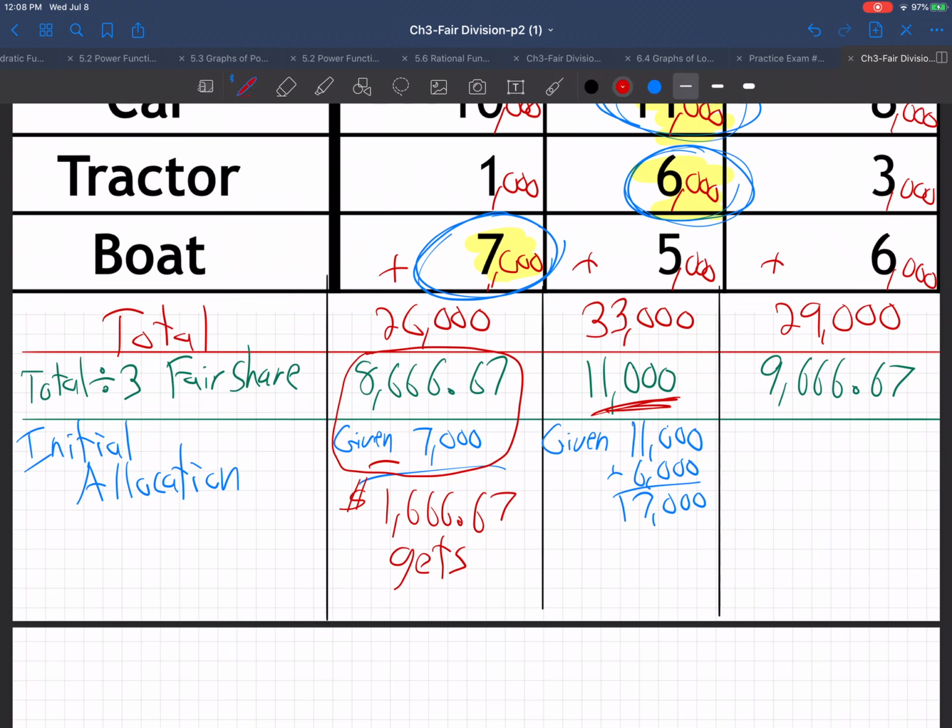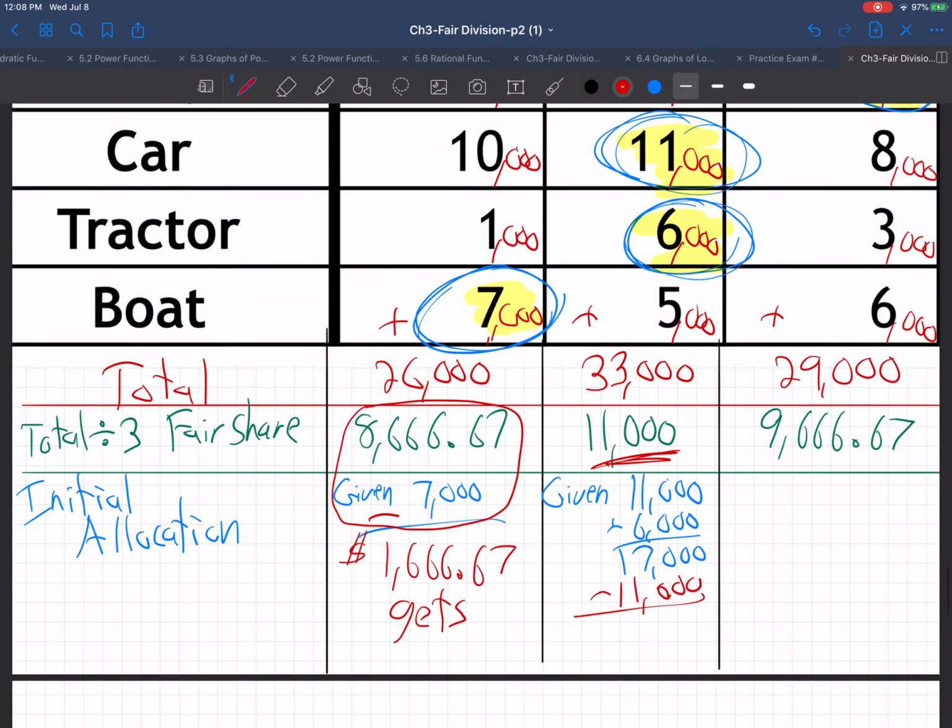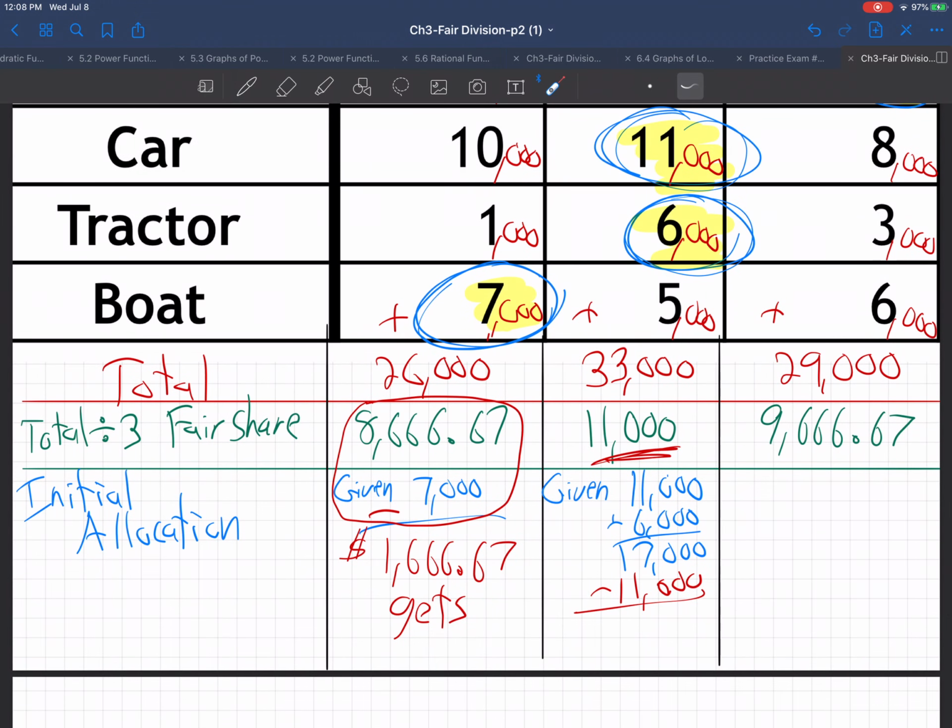So you know what we have to do? We have to subtract the $11,000 because he was given too much, wasn't he? He was given both the car and the tractor, totaling $17,000, and his fair share is only $11,000. So subtracting those, we get $6,000 that he has to pay back, because he was given too much stuff.